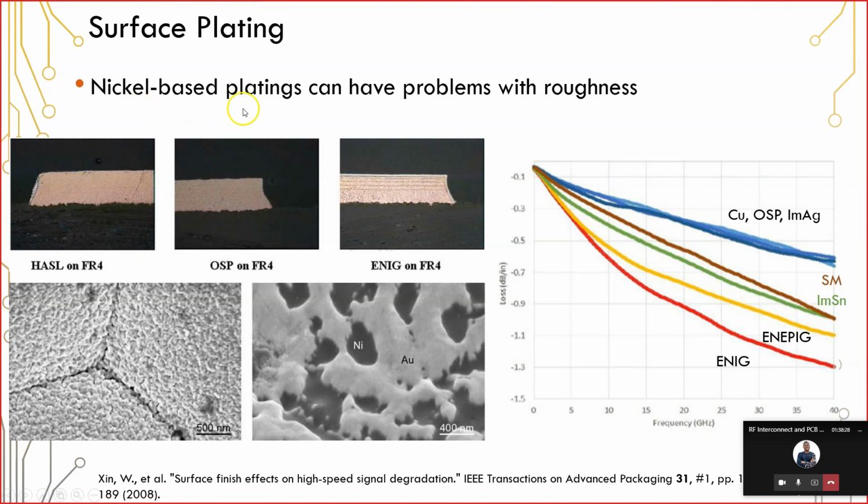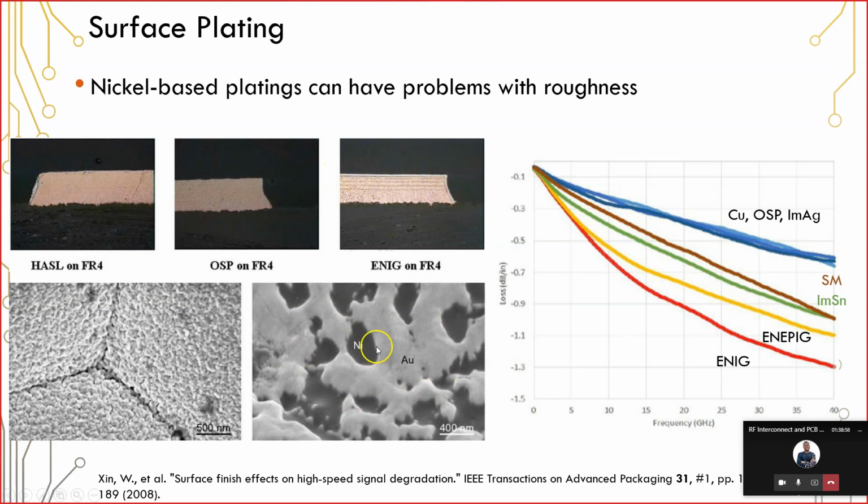Now, if you're using a plating that includes nickel, these nickel-based platings can have a lot of problems with roughness. So the examples here are ENIG and ENEPIG. So these two surface platings are actually much less desirable for RF systems. And this is because they need to deposit this seed layer of nickel in order to cause a gold film to then adhere to the surface of this interconnect.